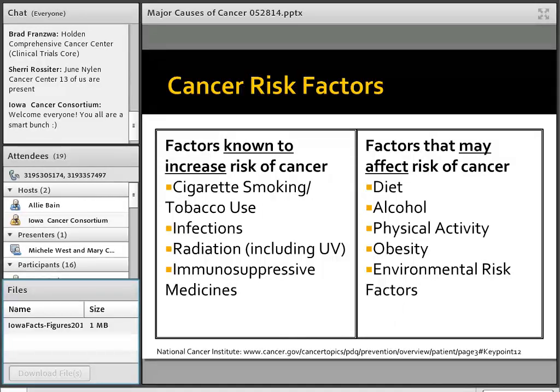And there's a whole list of criteria in order to meet sort of this criteria for understanding causality, and those factors on the right have not necessarily met all of those, according to the National Cancer Institute.